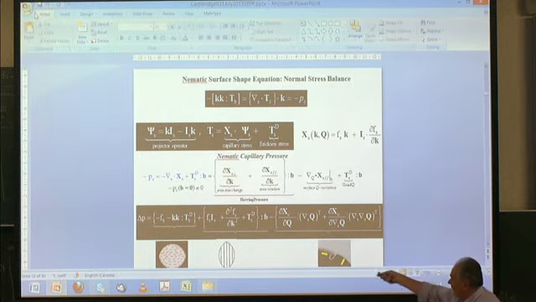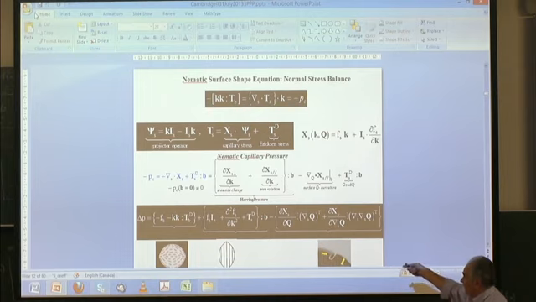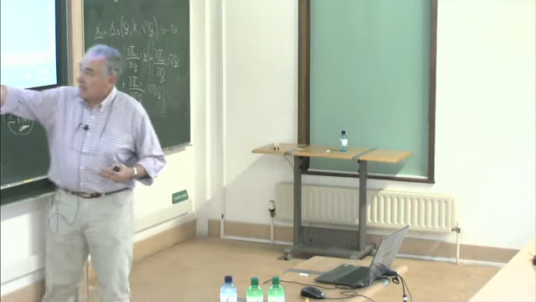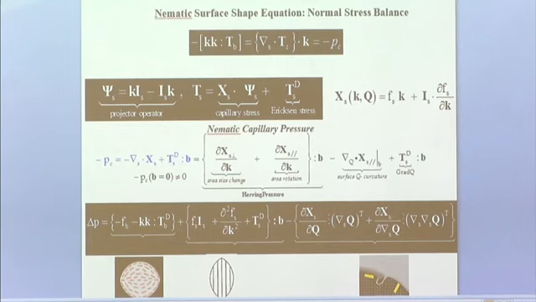This is the geometric part, and this is the Q tensor part. The geometric part contains the Laplace pressure. This term times this term is the Laplace pressure. This term, the second derivative, is called the Herring's pressure, what you see in the textbooks.